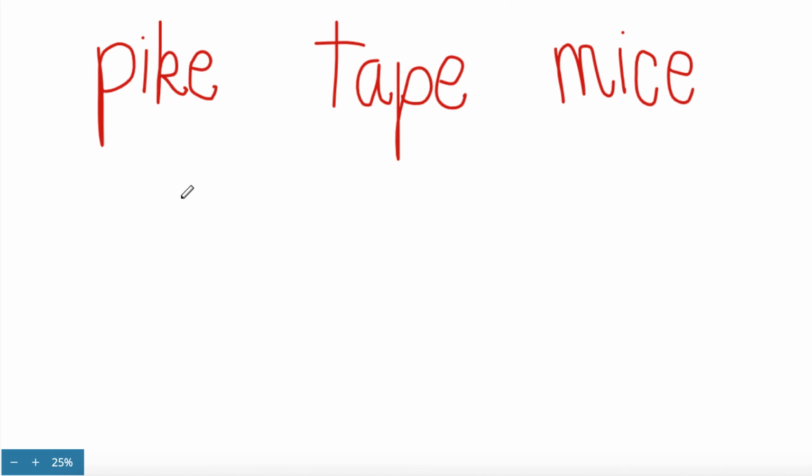Okay, and let's write another one. Let's check if it has silent magic E at the end, and if it changes the sound of this vowel to its long sound, and let's read it. Good job, you guys. So as you see over here, we have many words with magic silent E.